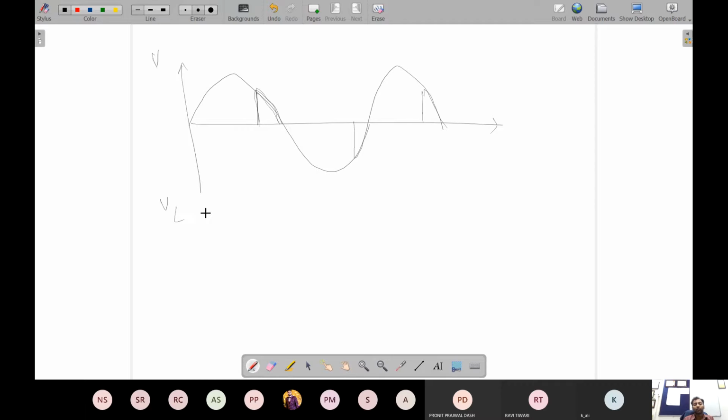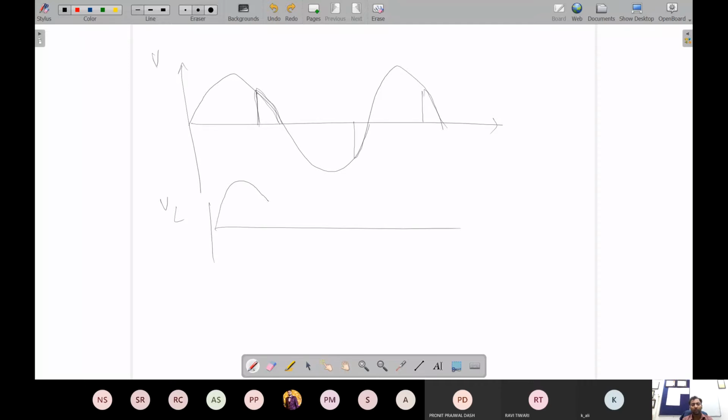So the voltage which will be fed to the load will be something like this now, going here, and then once you fire it, it just chops off, and then it goes like this. Again it chops off here and goes like this. So this portion, wherever it's cutting, that will be removed.